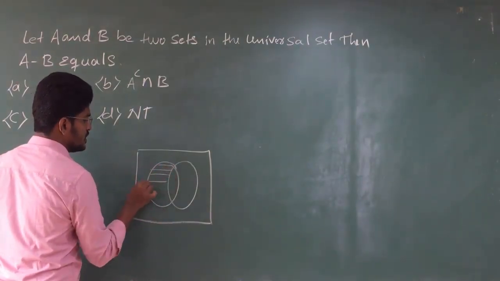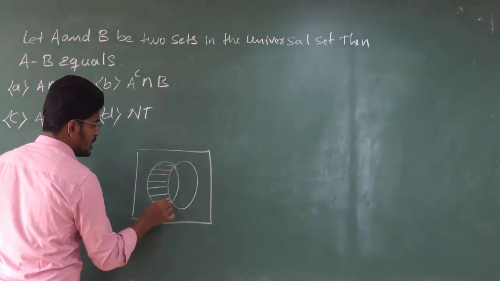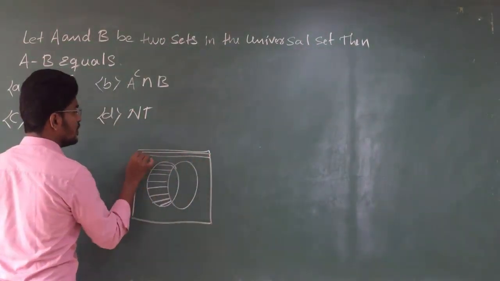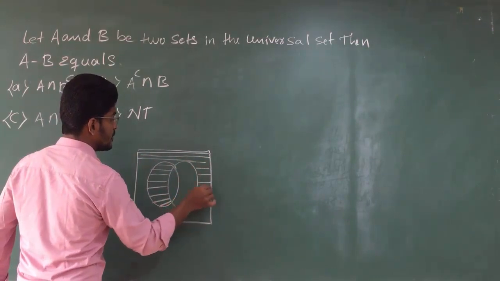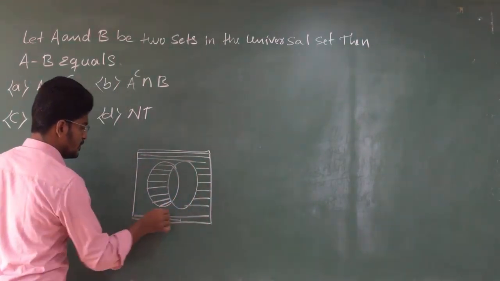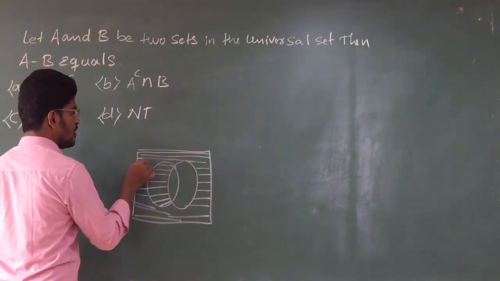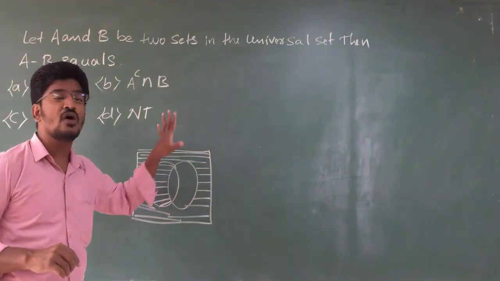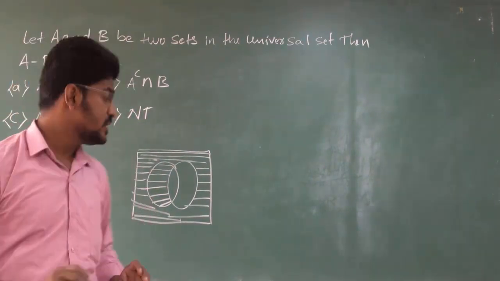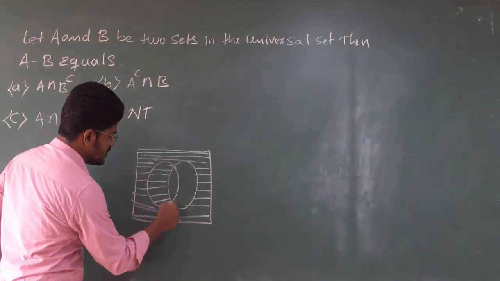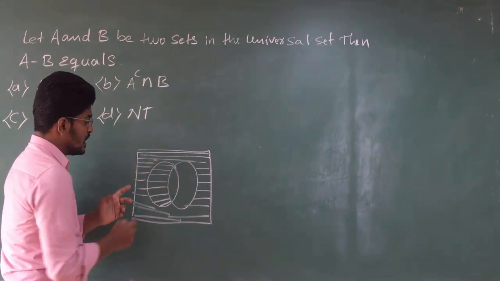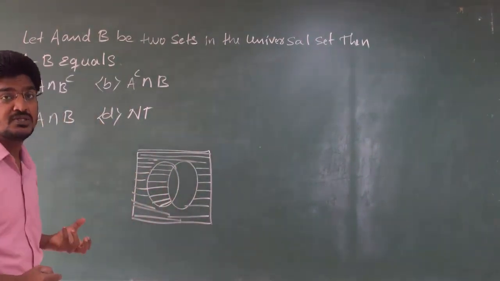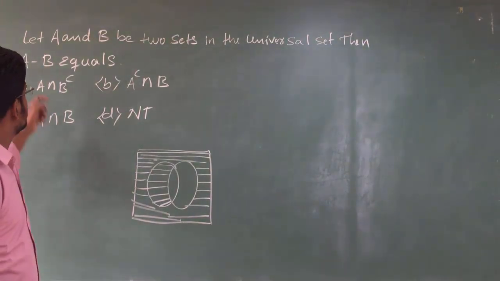See, this is A, clear, and this is B complement. Clear? So now, the complete portion will be B complement, and this particular element will be A.